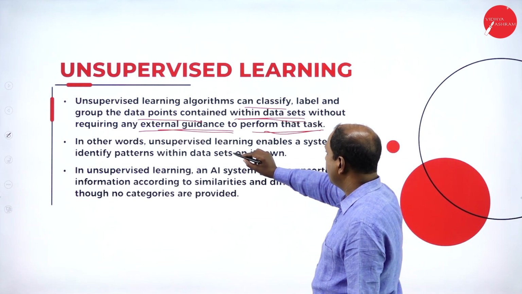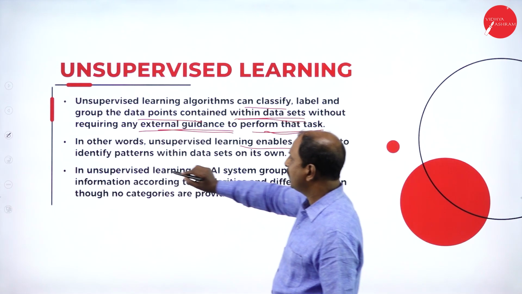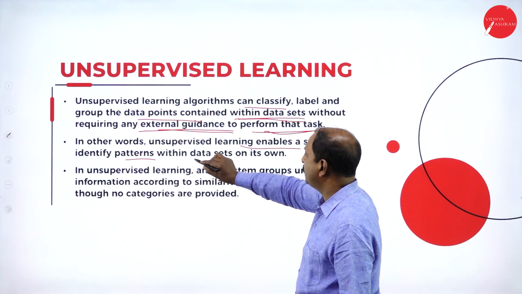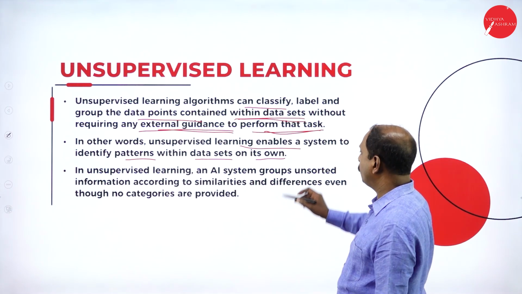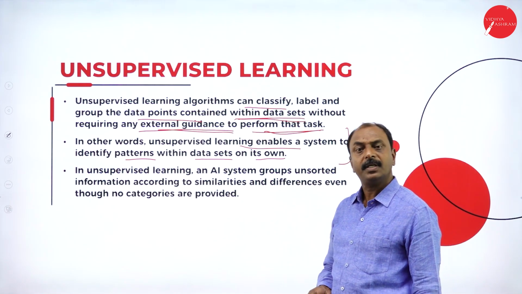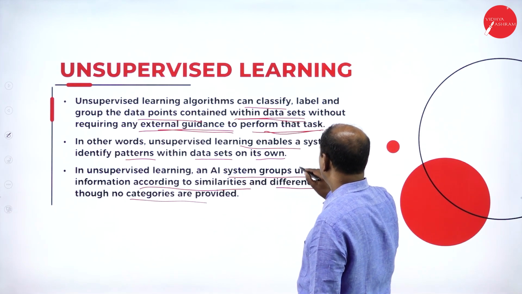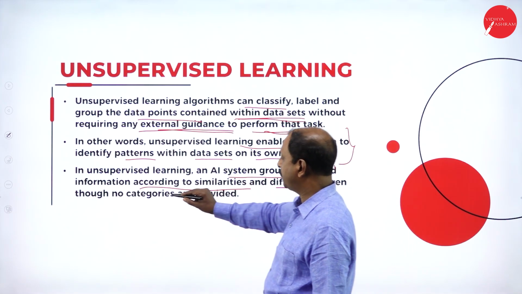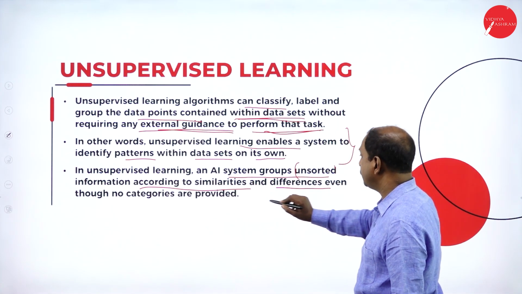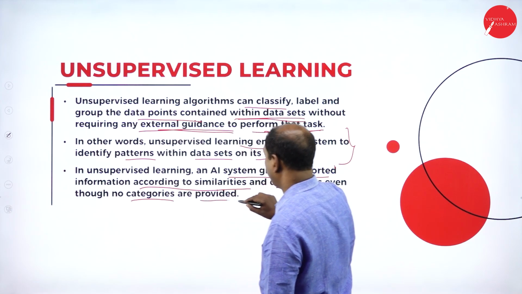In other words, unsupervised learning enables a system to identify patterns within the data sets on its own. It is going to develop its own model to solve a particular problem. So here, the AI system groups unsorted information according to similarities and differences, even though no categories are provided.